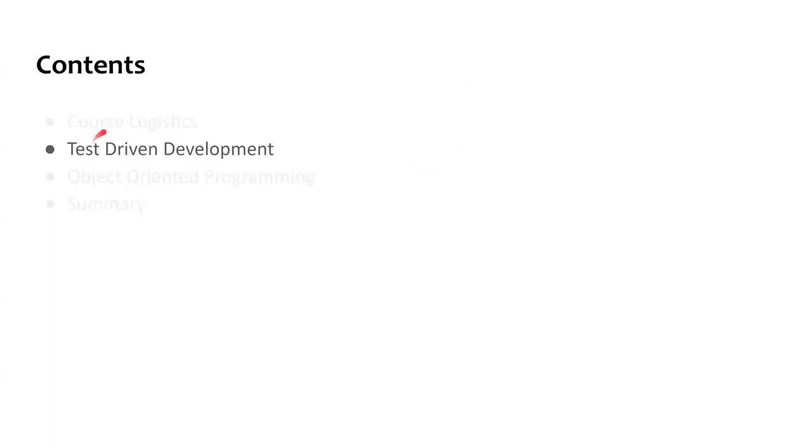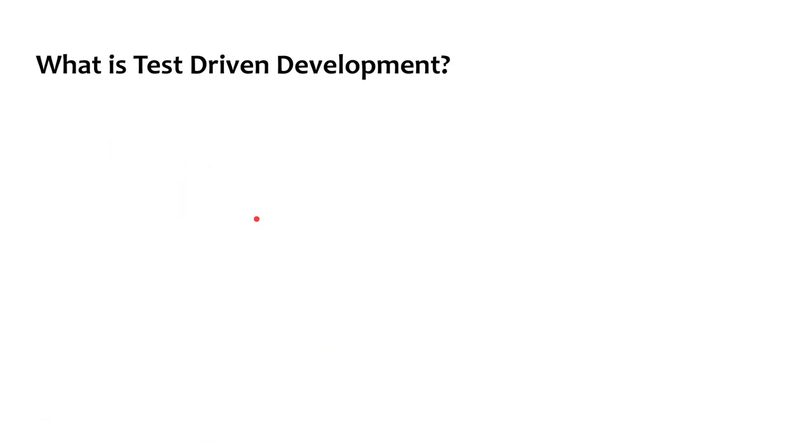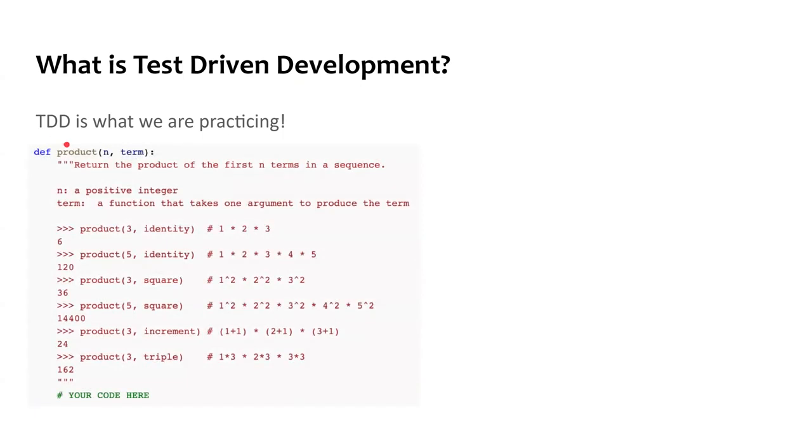So today we are going to talk about test-driven development. So what is test-driven development? It is abbreviated as TDD. And in fact, we are practicing TDD now. Maybe you saw this kind of comment in the homework problems. Let's have a look at the first part. This part describes the functionality of this function.